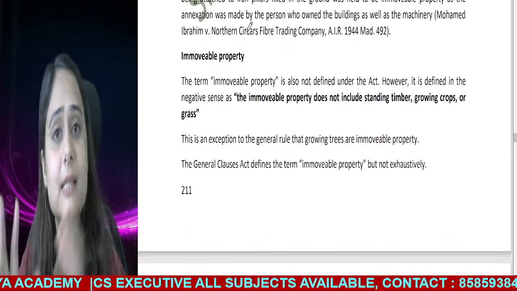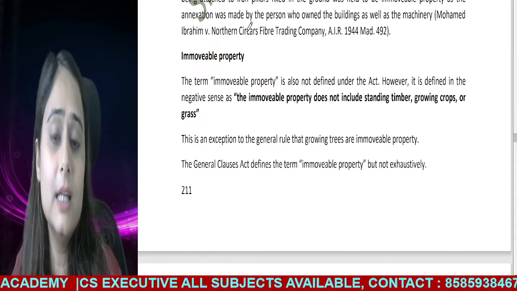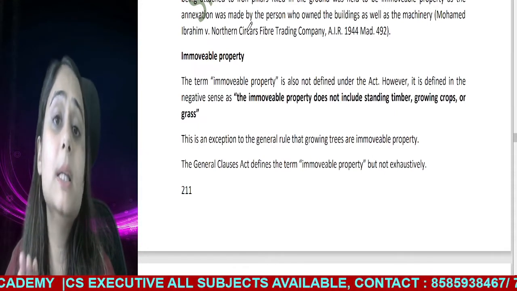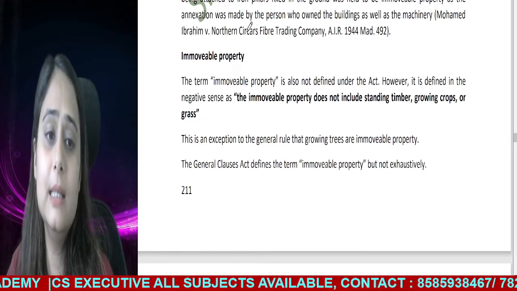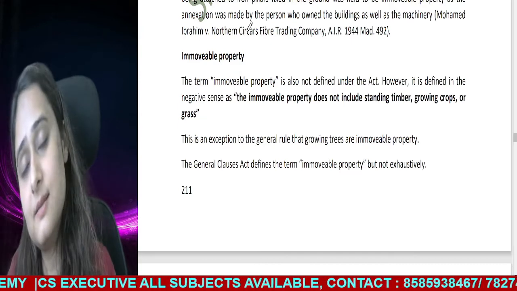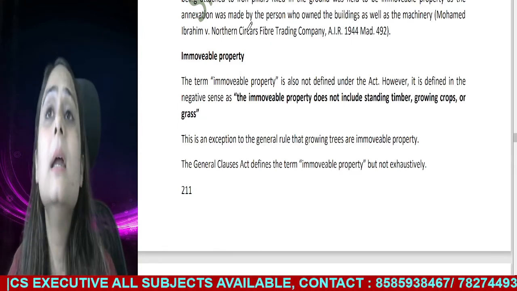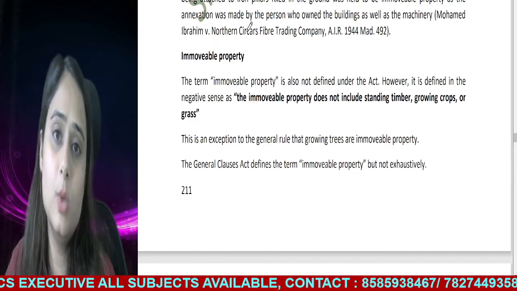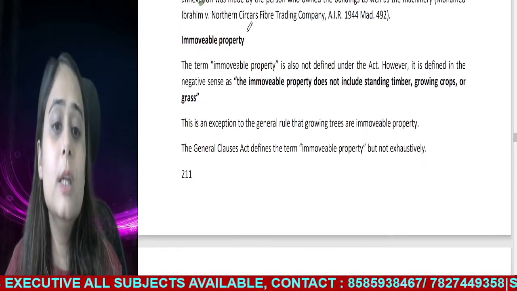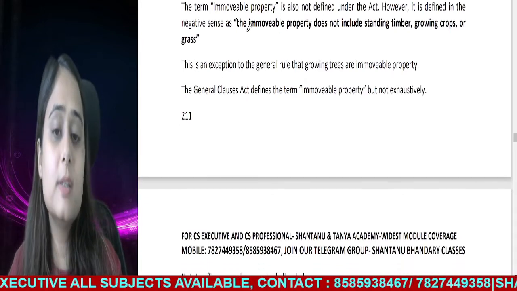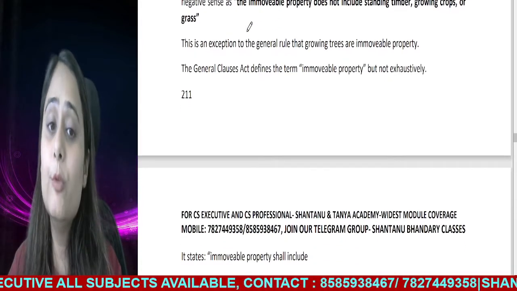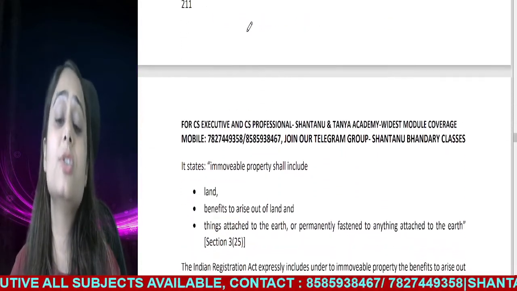What they have excluded: immovable property does not include standing timber, growing crops and grass. Why so? Because they can be detached from the land and easily taken from one place to another. Correct? The General Clauses Act defines the term immovable property but not exhaustively.